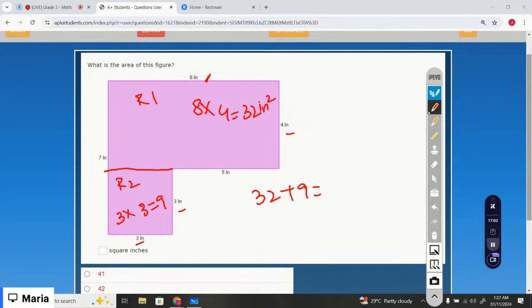So which is the correct option? The correct option is 41. Very good. Option number 1 is the correct option.